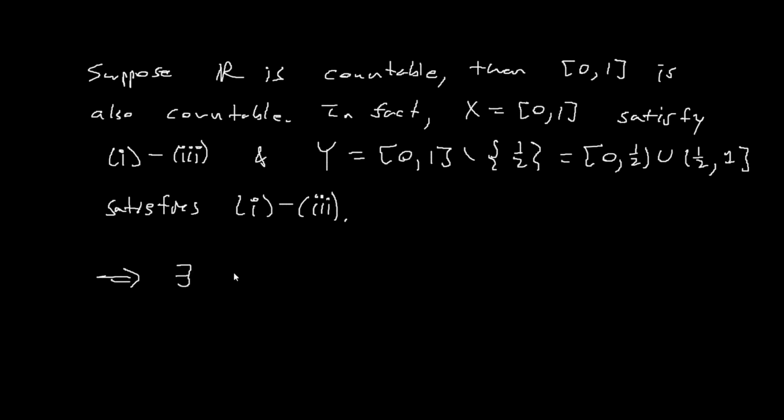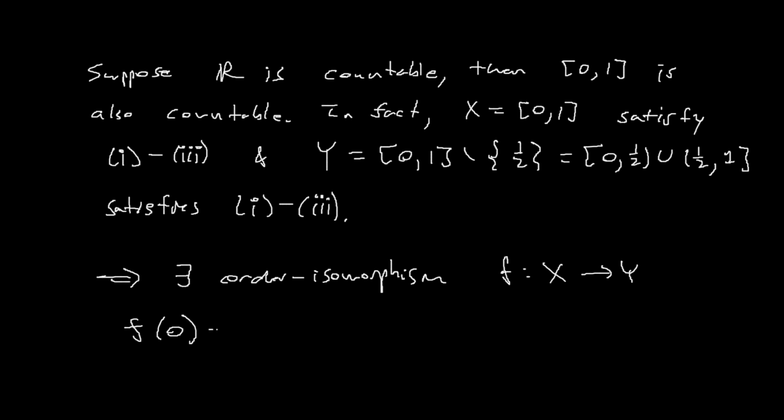there exists an order isomorphism, meaning an order-preserving bijection from x to y. And moreover, since it's an order isomorphism, it has to send the minimum element 0 to the minimum. It has to send the maximum element 1 to 1.